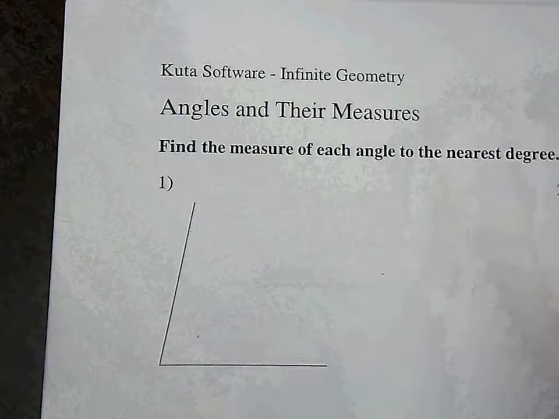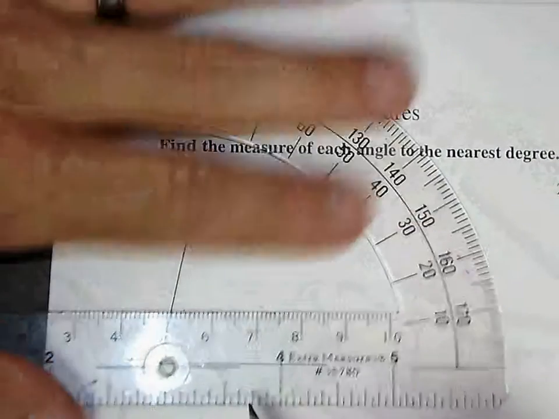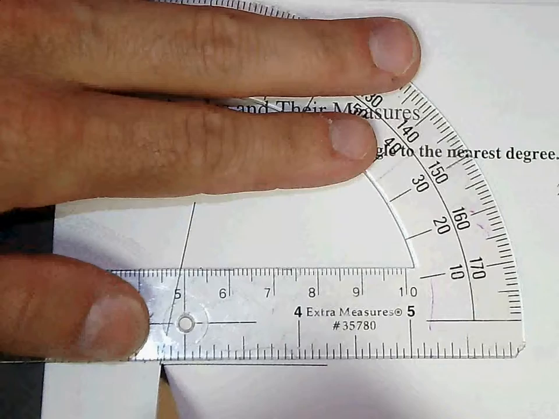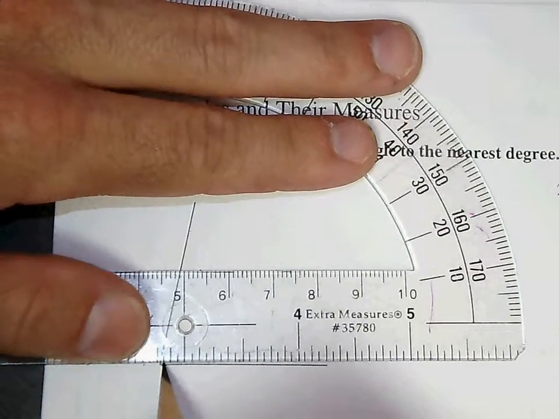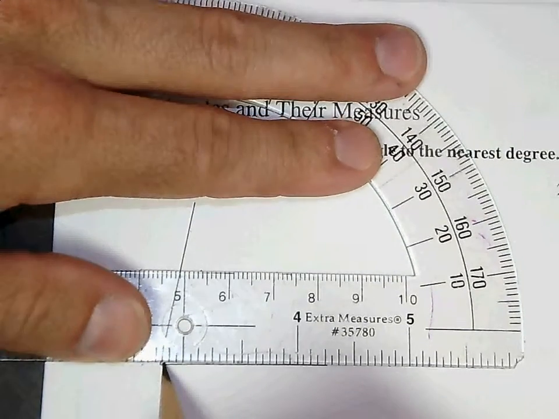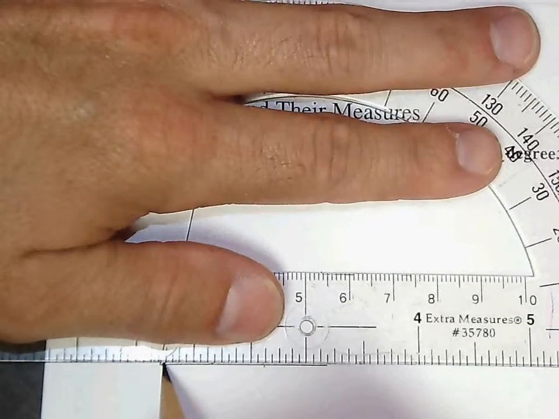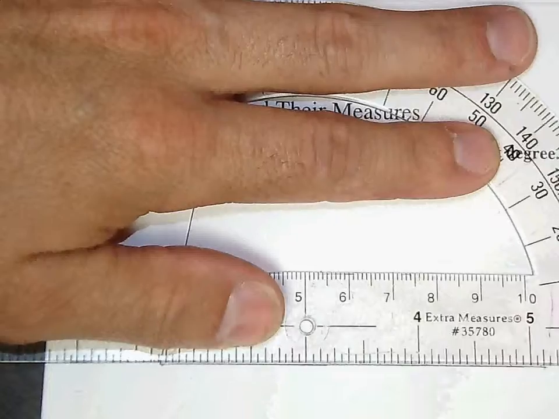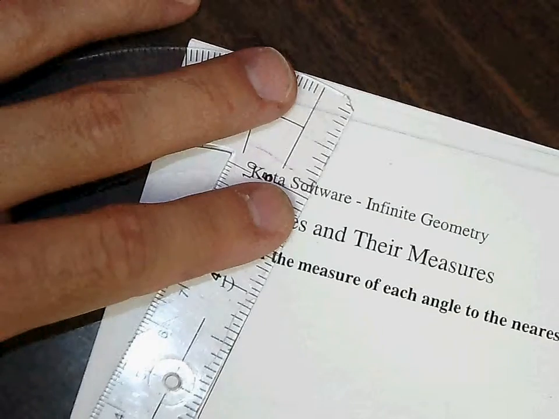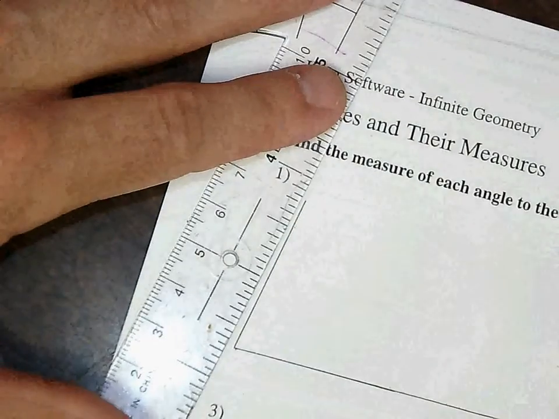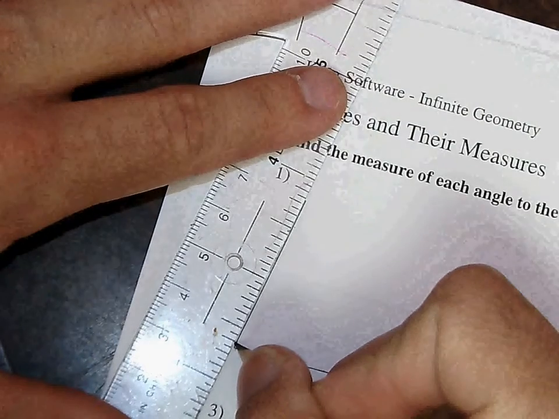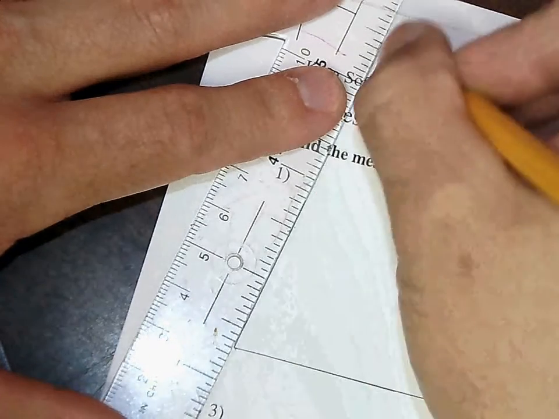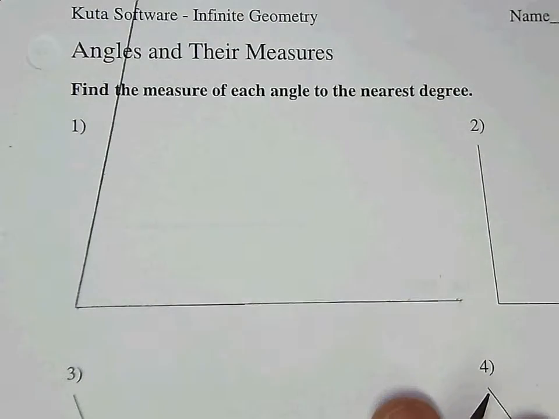Welcome back. Alright, so what we're going to do is we're going to extend these lines. So I'm going to take a pencil, I'm going to line my protractor up, and I'm going to make these lines longer. Okay, and I'm using a pencil here because I'm going to do it lightly. Make them longer in both directions. So let's see here. I'm just going to extend the line. And so it's the same angle, it's just a whole heck of a lot longer.